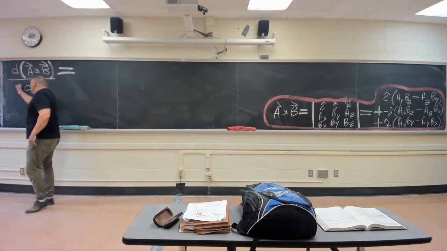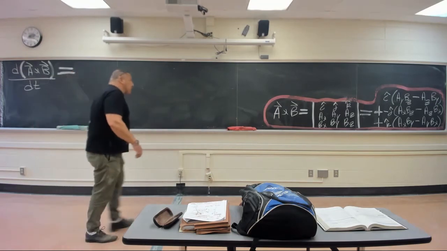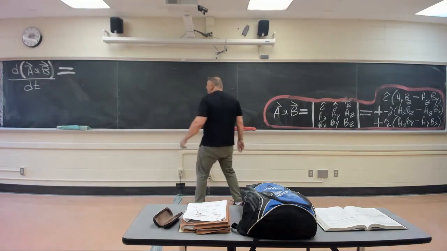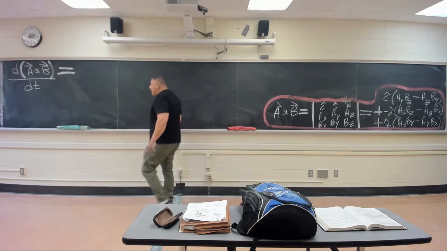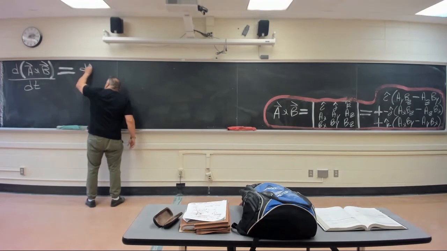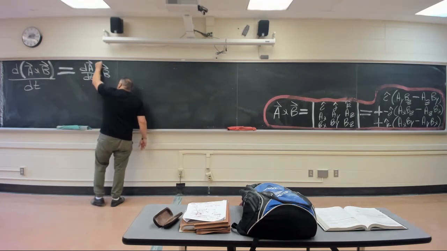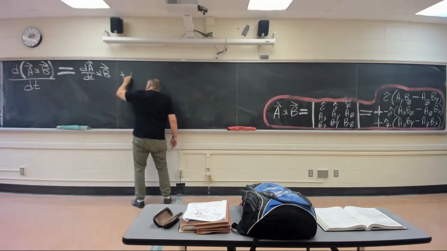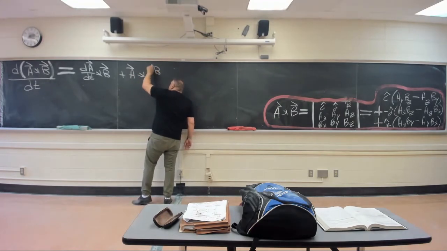Well, yeah, that's something. Let me almost put the horse in front of the carriage, as they say. There is a claim, and it is a true claim, and we're going to prove it, that you're going to get dA vector dt cross B vector plus A vector cross dB vector dt.